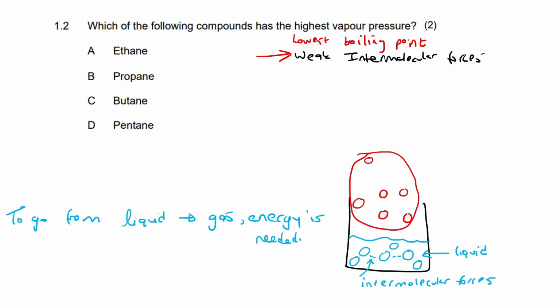Well, with alkanes, the only forces they have is London forces. So how do we tell the difference between the overall strength for all of these? Well, it's got to do with the length. We know that ethane is a 2-carbon molecule, propane is 3, butane is 4, and pentane is 5.